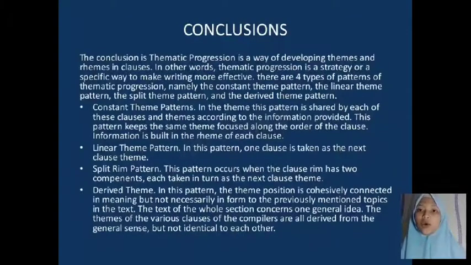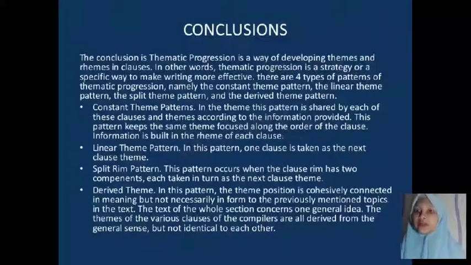The second one is the linear theme pattern. In this pattern, the rheme of one clause is taken as the next clause's theme. And the third one is the split rheme pattern. This pattern occurs when the clause rheme has two components, each taken in turn as the next clause theme. And the last one, the fourth one, is the derived theme.